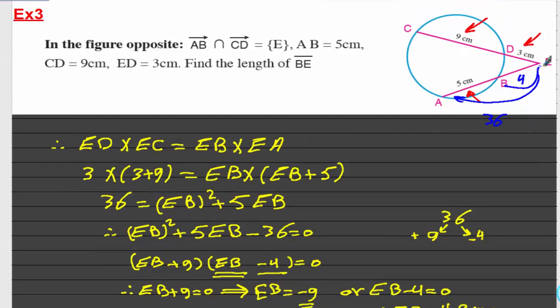Also ED multiply EC equals 3 multiply 12, also equal to 36. So we have the right solution.